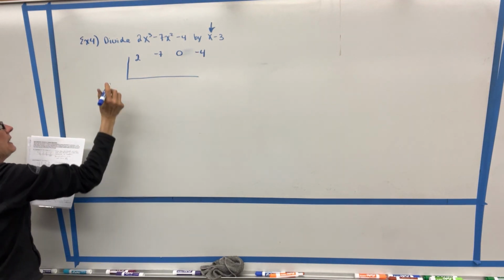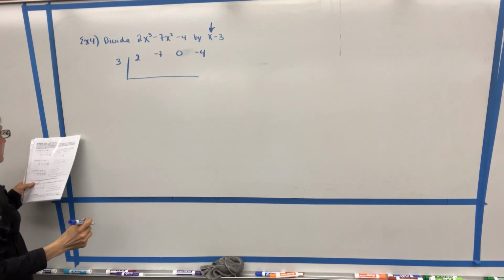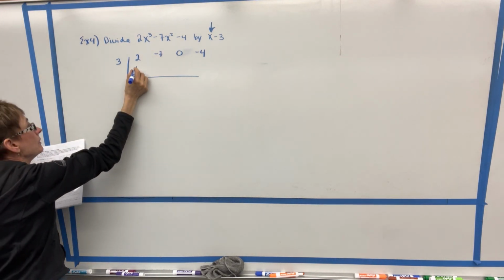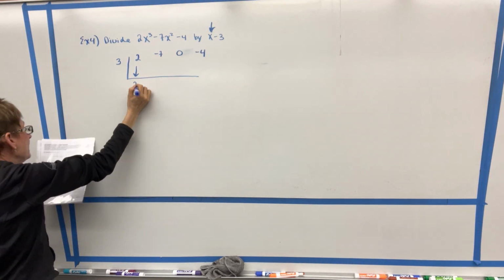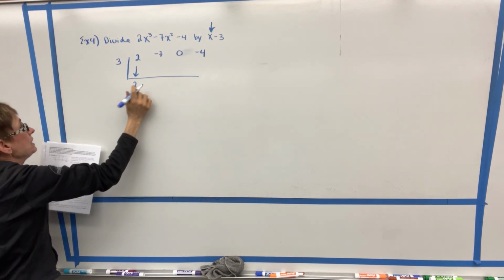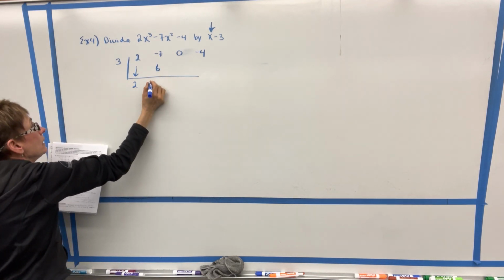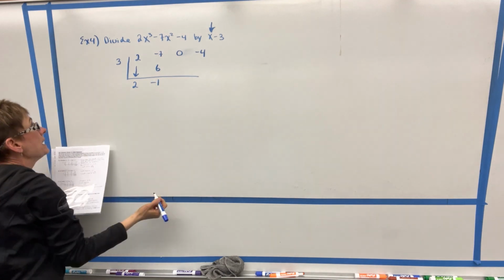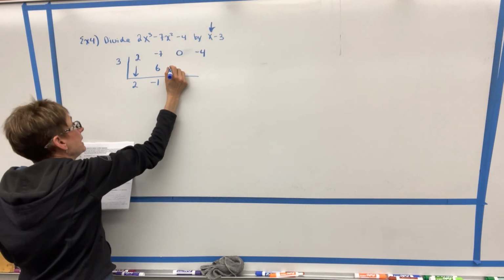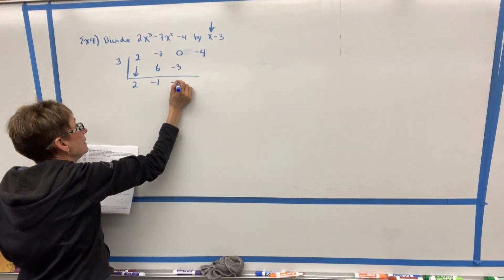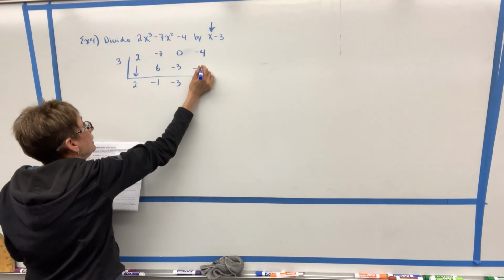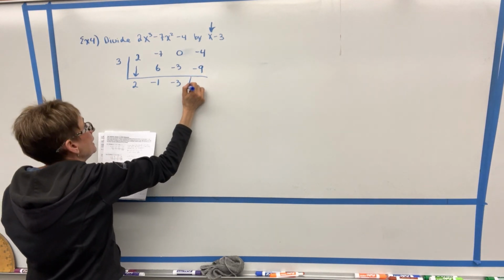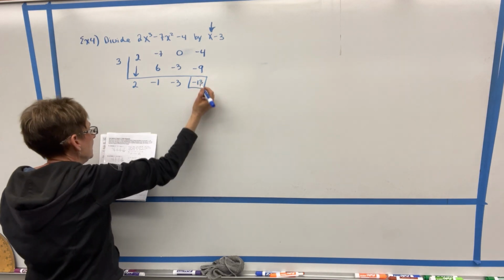So if I see a negative 3 there, I'm going to put a positive 3 here. Now I bring down my 2. I take 3 times 2 and get 6. When I add these together, I get negative 1. 3 times negative 1 is negative 3. I'm going to add these here. This is negative 9. And my result here is negative 13.